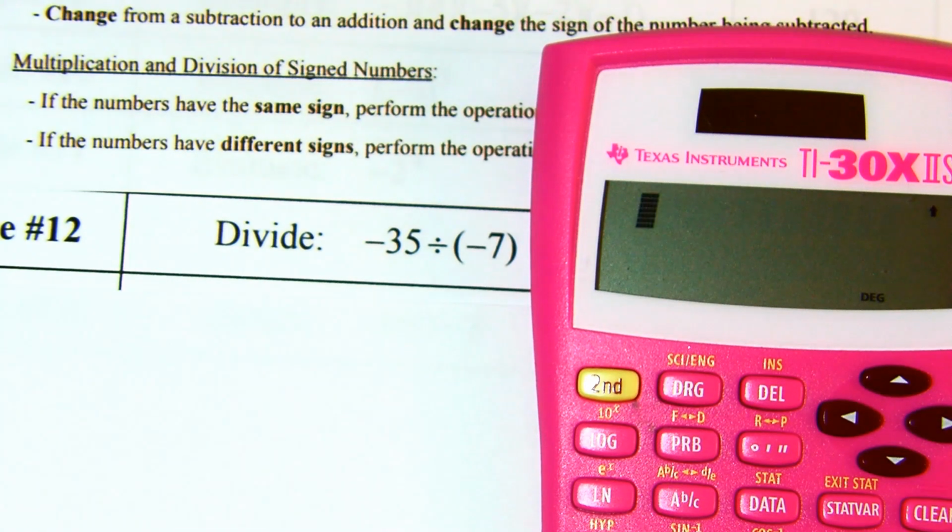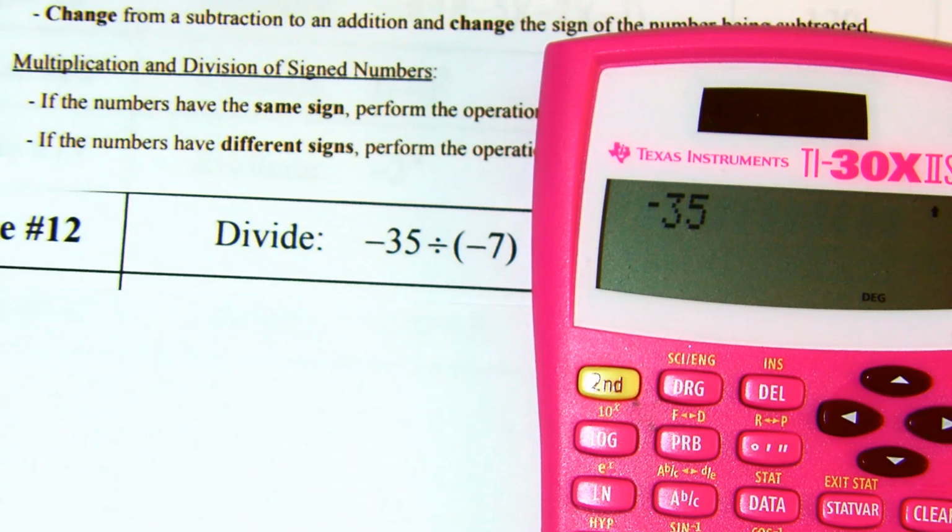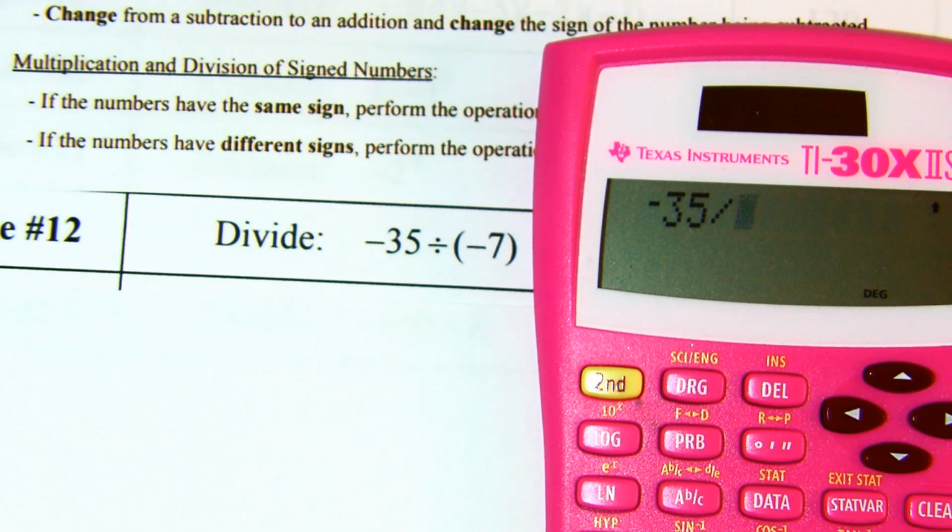Close enough. So negative 35, I hit the little negative button at the way bottom, divided by, and my calculator shows that as a slash, but I typed the division button, not the fraction button. Open parentheses, the negative key, 7, close parentheses, and then I hit equals. And it gives me a positive 5.